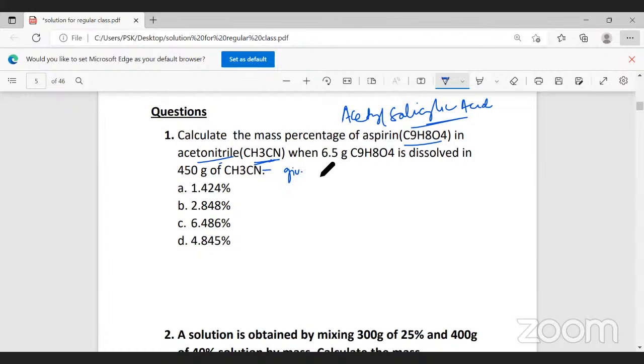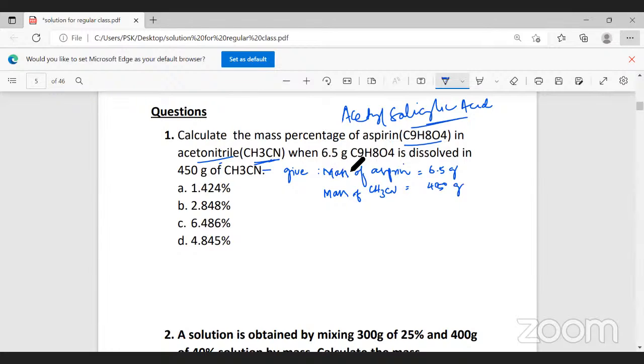What is given? They've given the mass of aspirin to be 6.5 grams. Similarly, they've given the mass of acetonitrile, 450 grams.